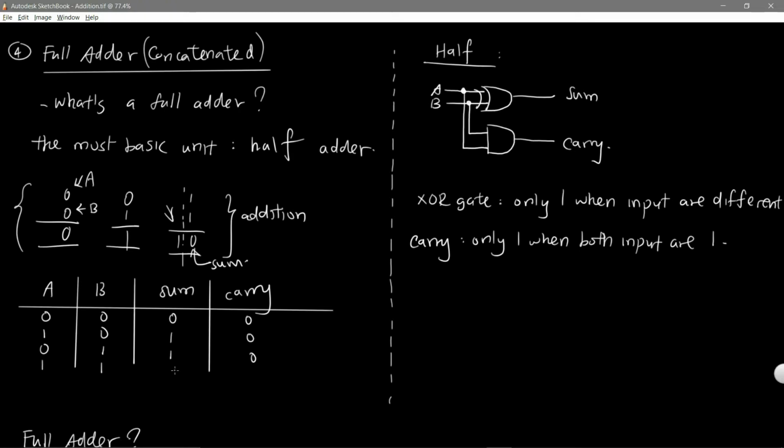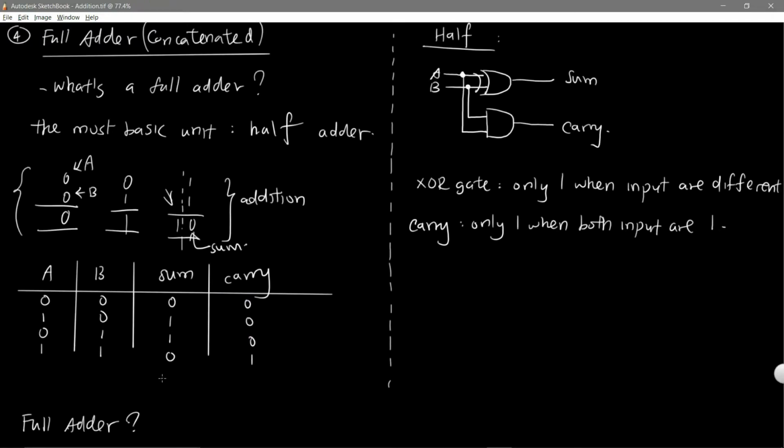If both are 1s, you have a sum of 0 and carry of 1. Instantly you can observe this pattern is exactly similar to how an exclusive OR gate works, and this is the exact pattern of how an AND gate works. So instantly you can see that this is A, B inputs and exclusive OR, and this is the sum, as well as this is A, B input and this is the carry output.